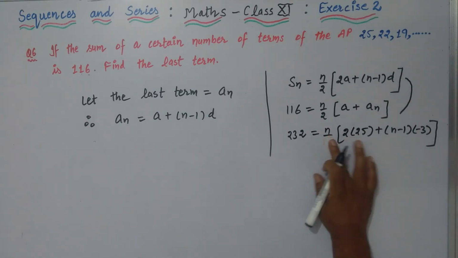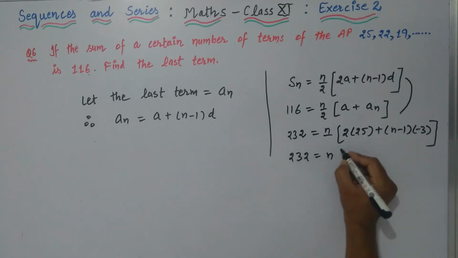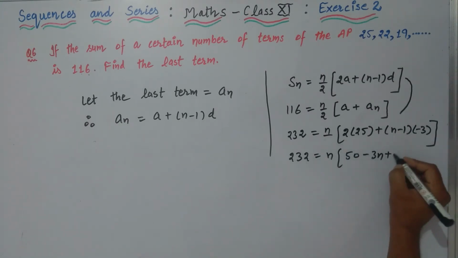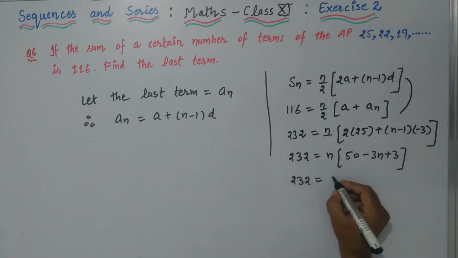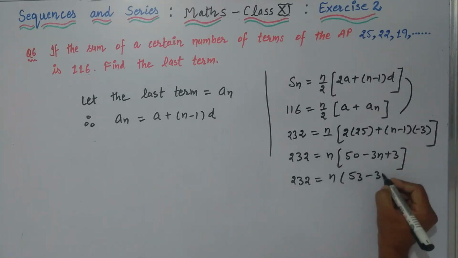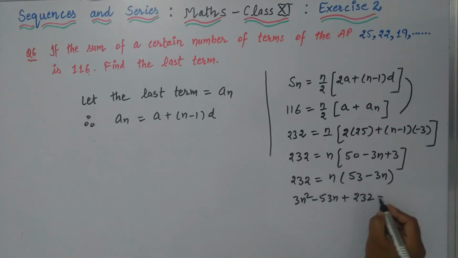So this is equal to 232 is equal to n into 50 minus 3n plus 3. 232 is equal to n into 53 minus 3n. That means 3n square minus 53n plus 232 is equal to 0.